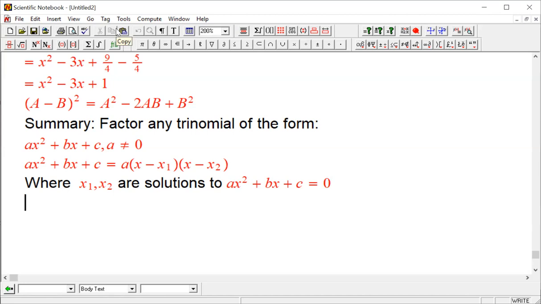There are also cases. When b squared minus 4ac is larger than 0, we have two real number factors.